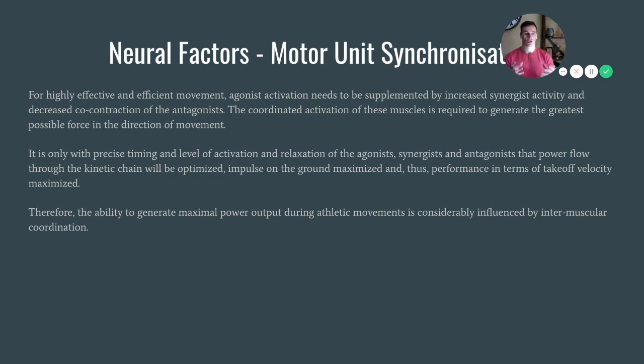If we're talking about producing maximal muscle force, we don't want to be doing it with the handbrake on. Say you're kicking a football: your quadriceps are going to be the agonist, and your hamstrings are going to be the antagonist.